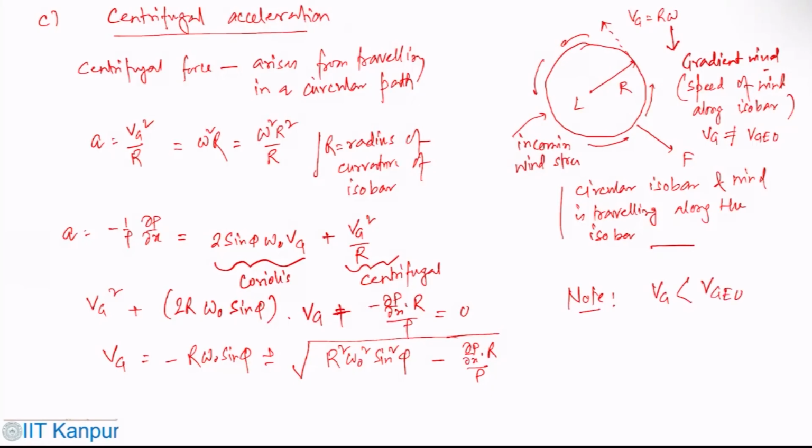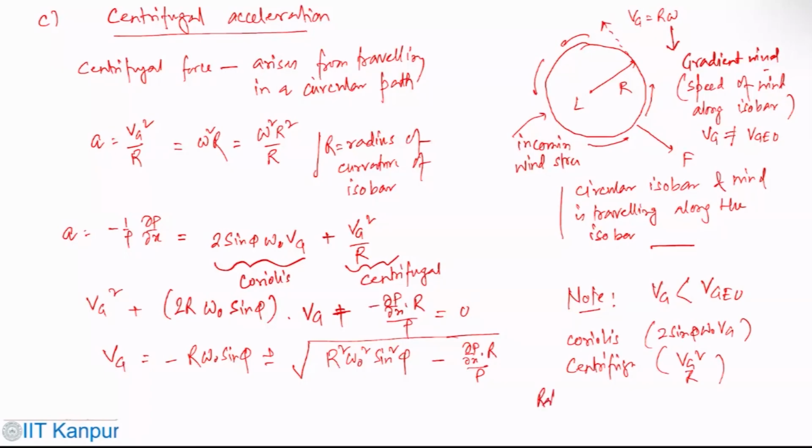To assess the relevance of centrifugal force, we compare the Coriolis, which is 2 sin phi omega naught Vg, with the centrifugal, which is Vg square by R. We can compare the ratio between these two.